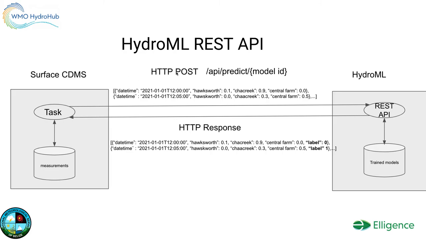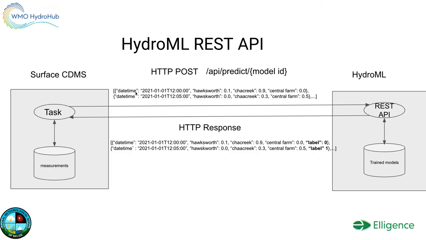As you can see in the URL here on the top of this slide, the API endpoint is /API/predict/ the model ID. So one of the models that we have seen on the screen a couple of slides ago.